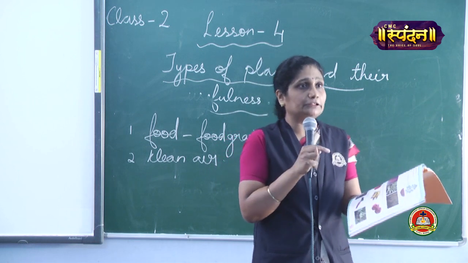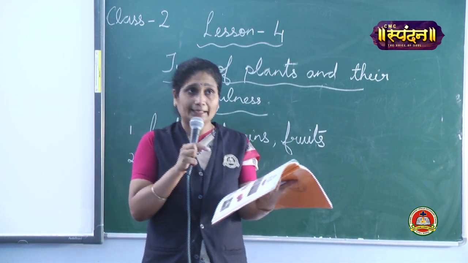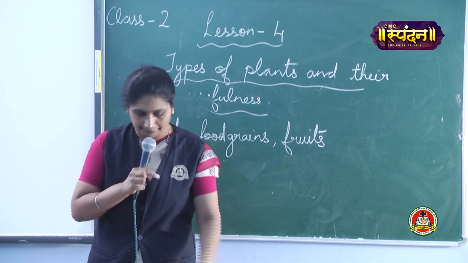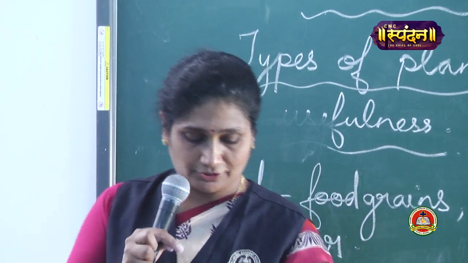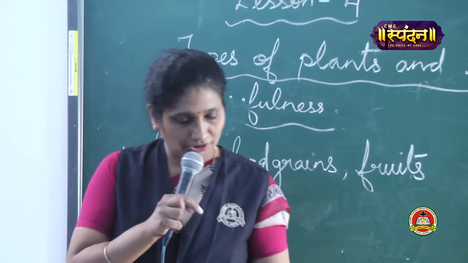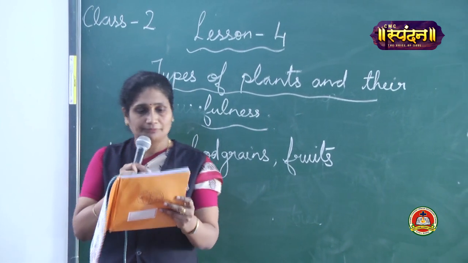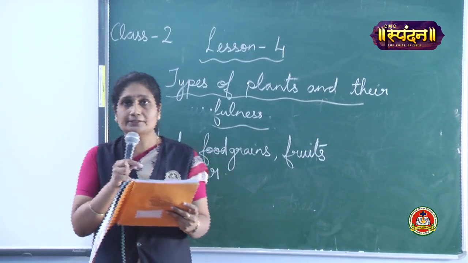The leaves of which plant do we eat? Cabbage, carrot. What do you mean by carrot? Gajar. Brinjal plant means bengan. As I have told you, we eat the leaves of these plants. What are these? Spinach. Okay, come to page number 162. We eat the leaves of spinach. What do you mean by spinach, children?